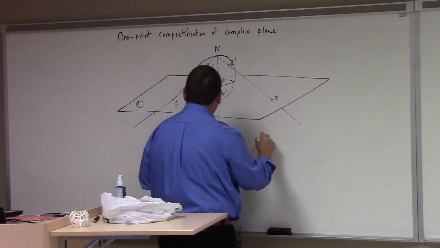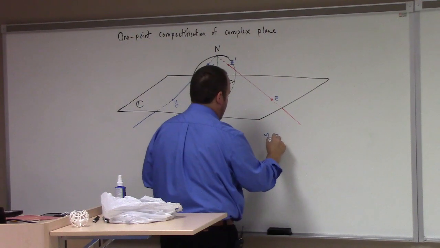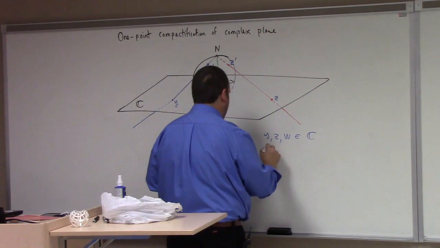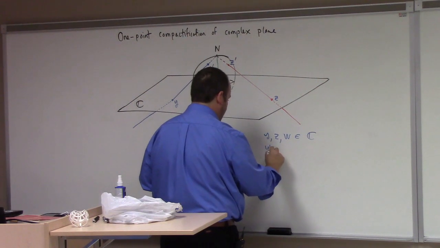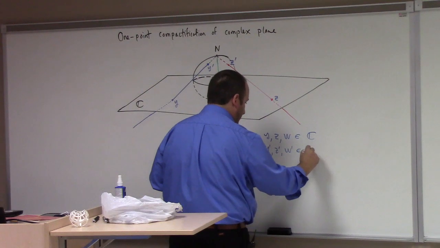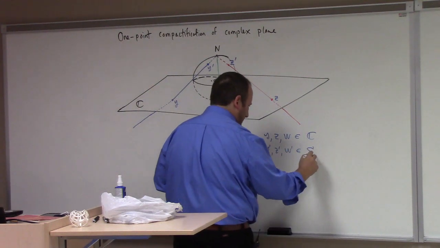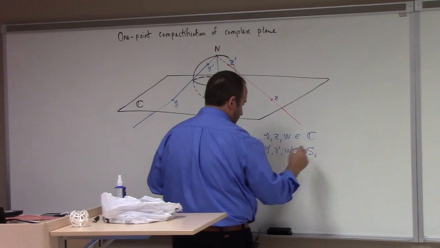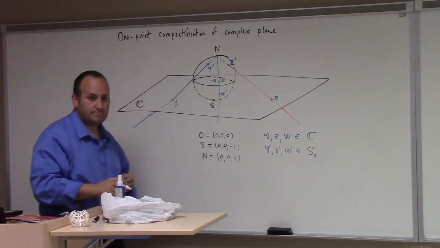Over here, let's say that this point is Y prime, and this over here is Y. So what I'm trying to indicate here is that Y, Z, and W are in the complex plane, whereas Y prime, Z prime, W prime are all in the sphere. Let's call it S2, the 2-sphere.